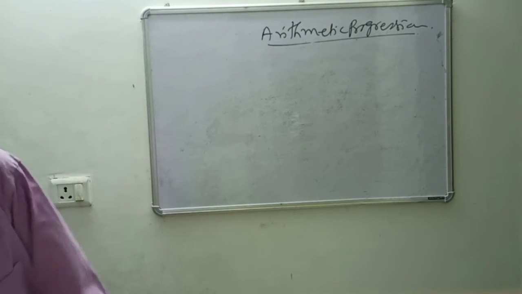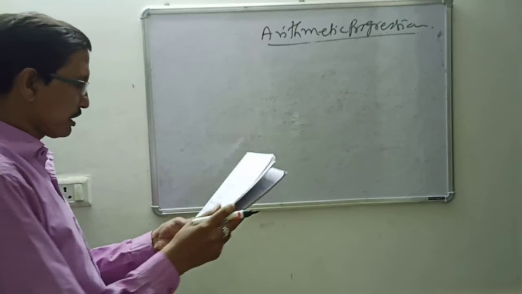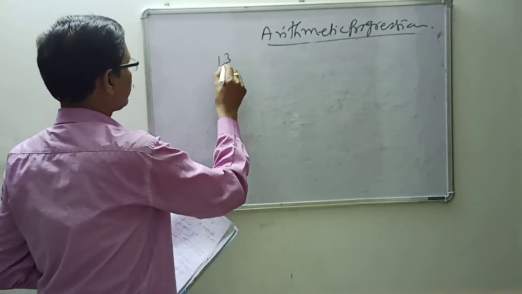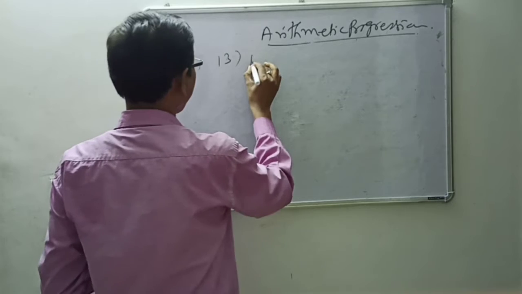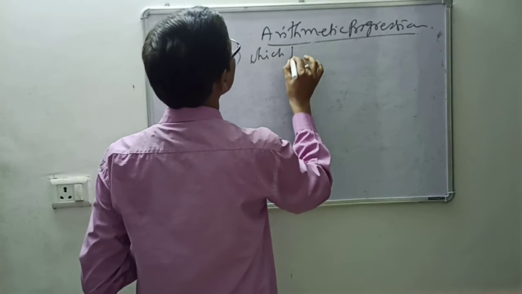The question is number 13 in your book: which term of an AP, the number of terms, you have to find out.